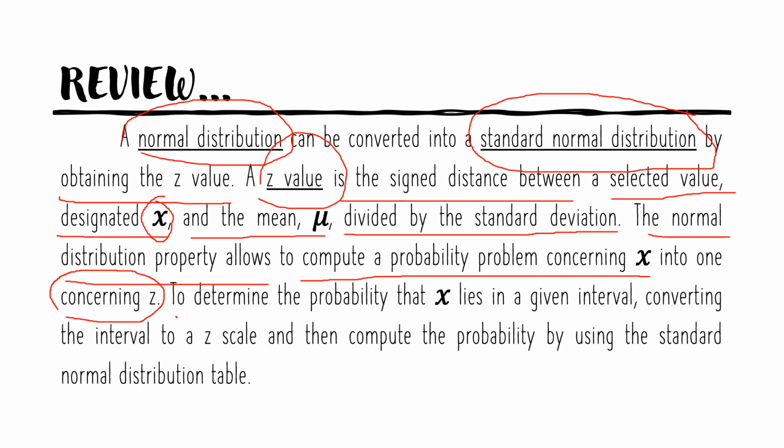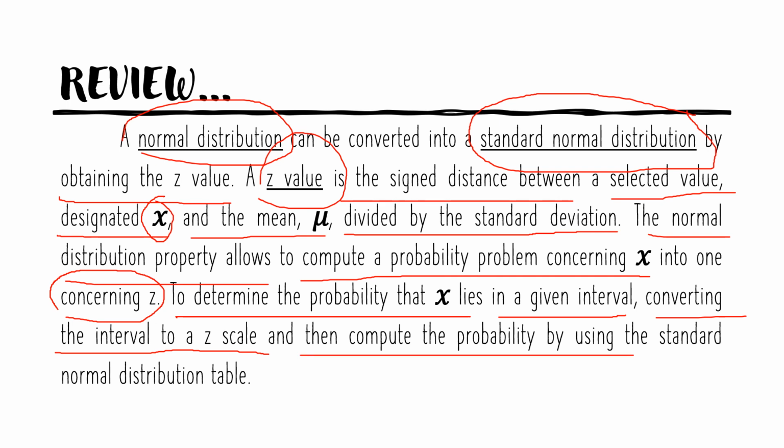Now, to determine the probability that x lies in a given interval, we convert the interval to a z-scale and then compute the probability by using the standard normal distribution table. Because in your z table, in every z-score, there is a corresponding value of area.